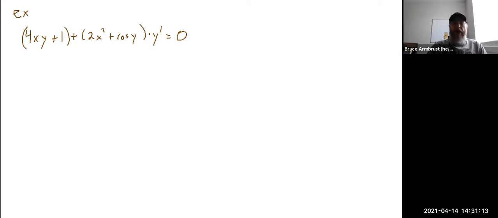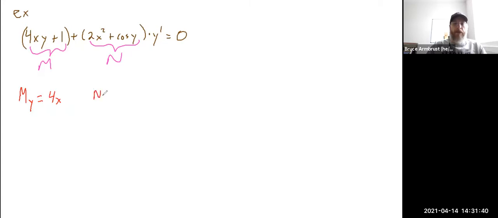So here's the question. If it's exact, this is our M, the 4xy plus 1, and this is our N, 2x squared plus cosine y. So let's check it. Let's look at the partial of M with respect to y. The 4xy becomes a 4x, the 1 goes away.